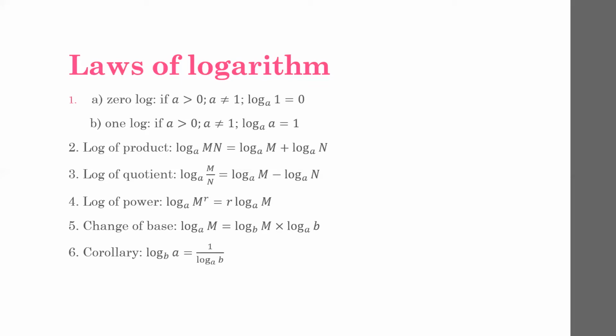Now we have a corollary which will be used as a law or formula: log b based a equals 1 by log a based b. So if we want to interchange the base and the number, we have to take the reciprocal.